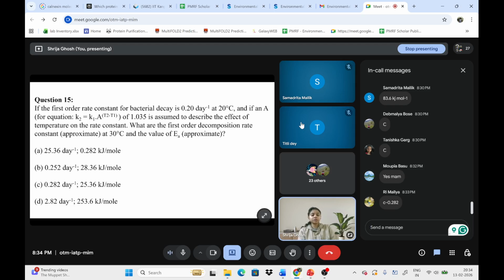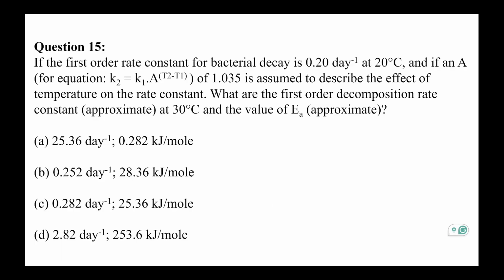One person has already solved the question, so you all should be able to solve it as quickly as possible. Okay, there are 2 answers, option C. What about others? Okay, I see many answers as option C.